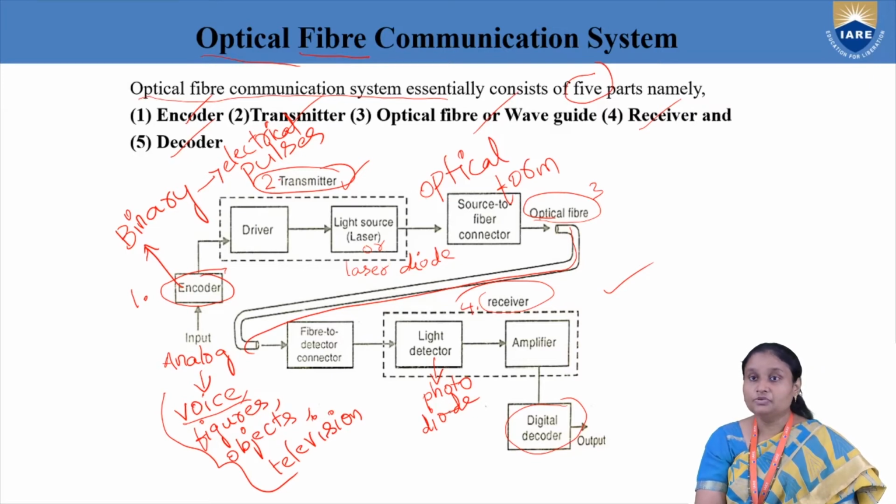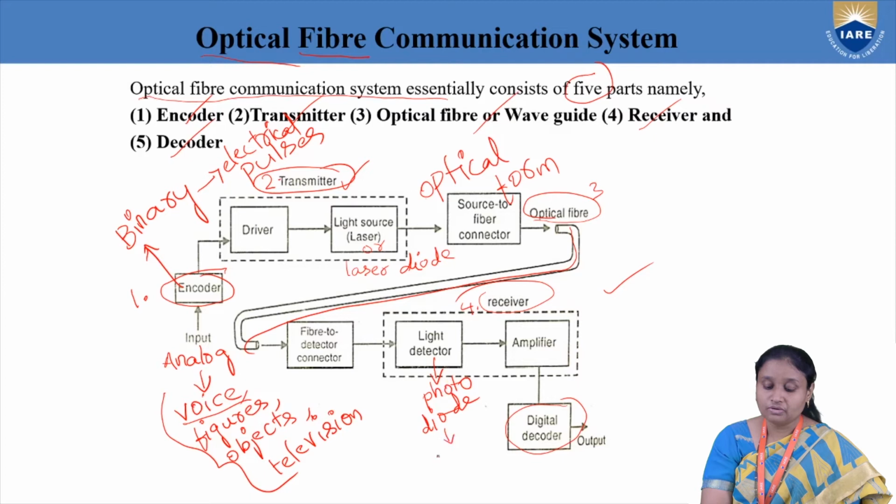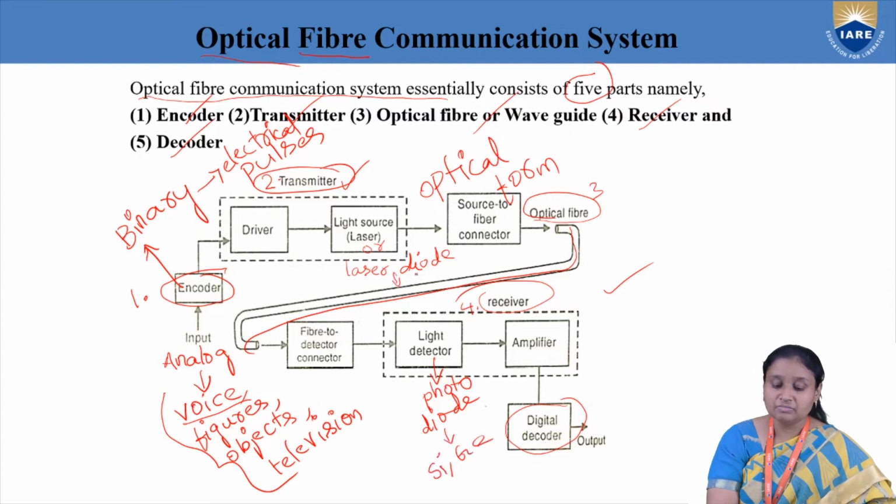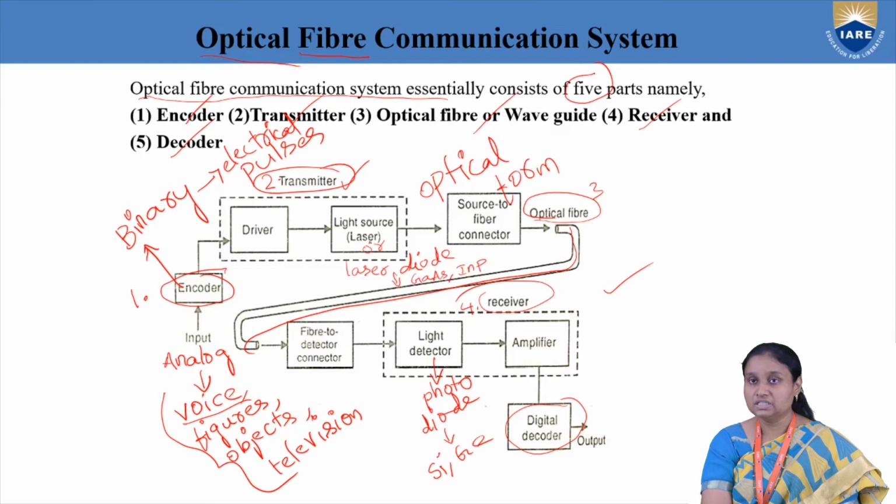Whereas the photodiode is a reverse bias diode, and it is made up of our normal elemental semiconductors like silicon and germanium. So the laser diode, made of gallium arsenide and indium phosphide, converts electrical input to optical output. Here the photodiode converts optical input to electrical output.